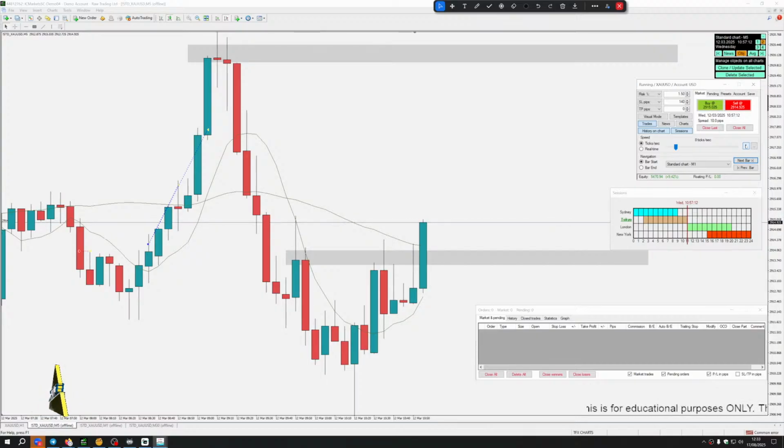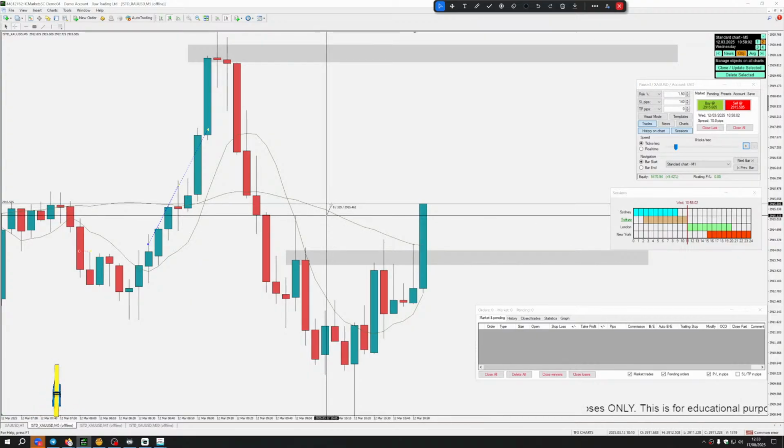All right, looks like we're coming up to a break. I'm going to probably put my stop loss below this candlestick here within the range. All right, so it's breaking. Kind of coming up a bit high over here. How many pips is that? About 3 pips?